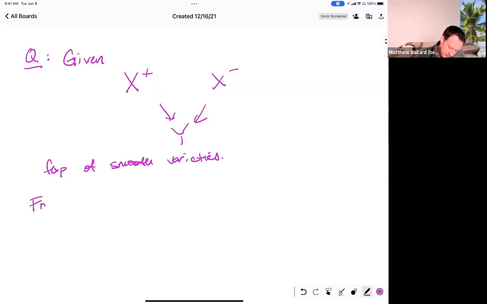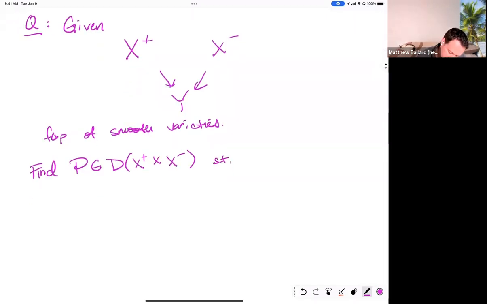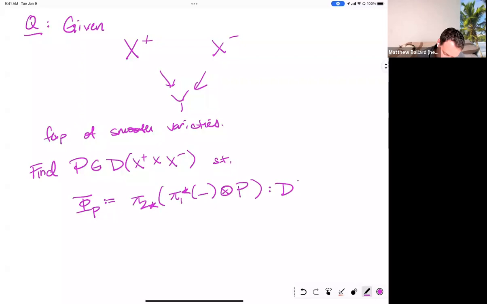So what you want to find is a single object in the derived category of the product such that if you look at the usual push-pull transform, so I take something, I pull it back, I tensor with P, and then I push it down, we want this to be an equivalence.